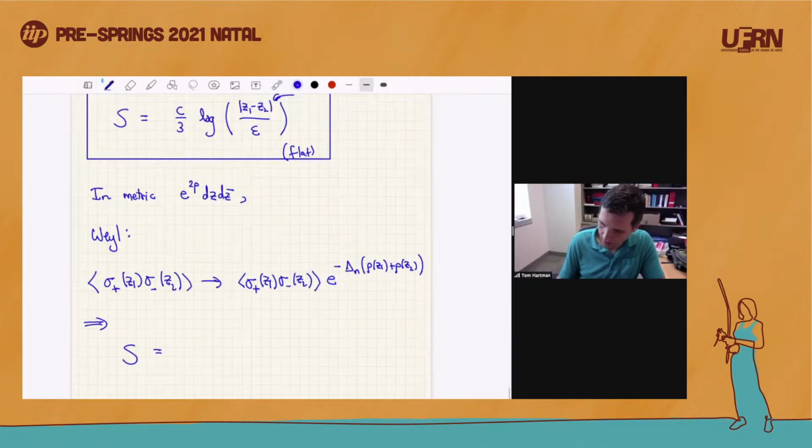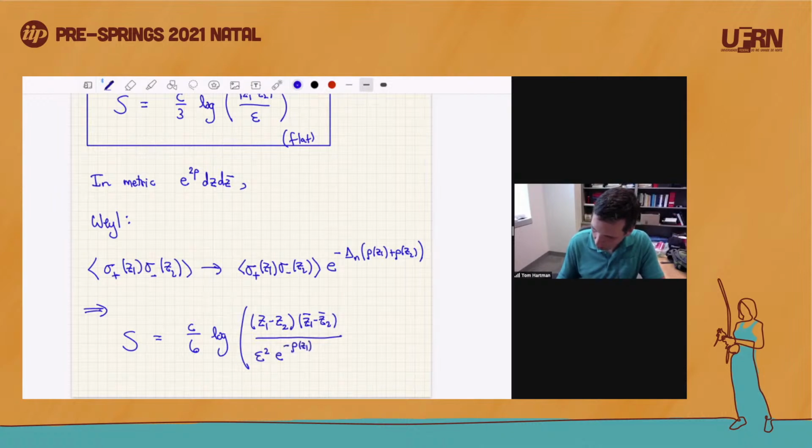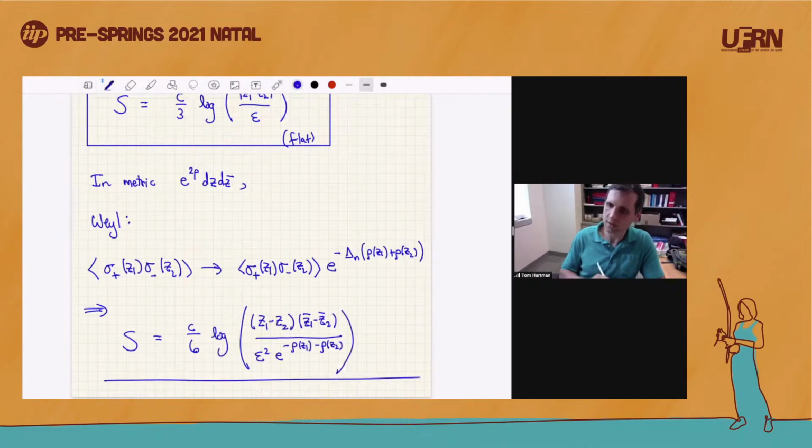S is then c over 6 log of (Z1 minus Z2)(Z1 bar minus Z2 bar) over epsilon squared, the UV cutoff, times e to the minus rho of Z1 minus rho of Z2. And this is the formula for the entanglement entropy of a CFT in curved space.